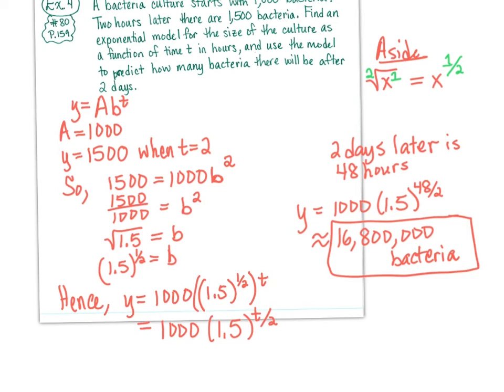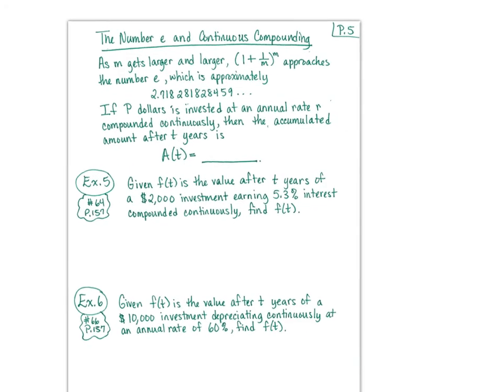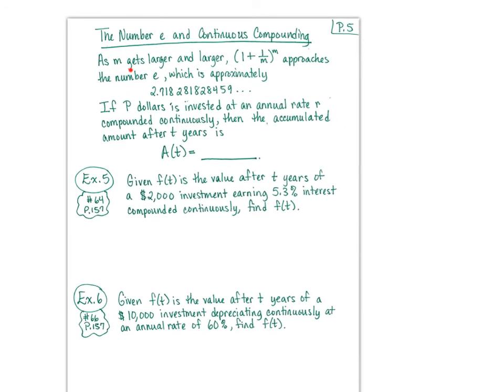Okay, all right, so now let's talk about the number e and continuous compounding. So the number e, notice that as m gets larger and larger, consider the quantity 1 plus 1 divided by m, raised to the m.